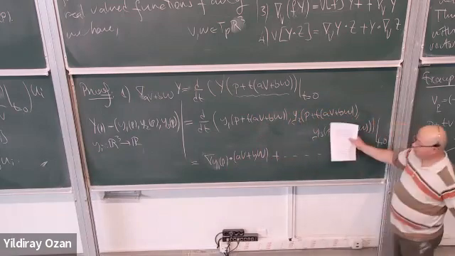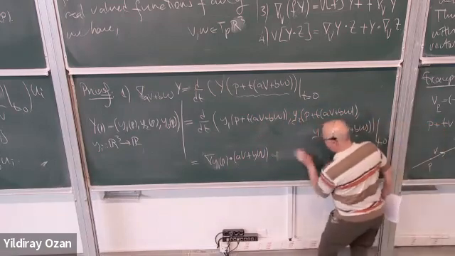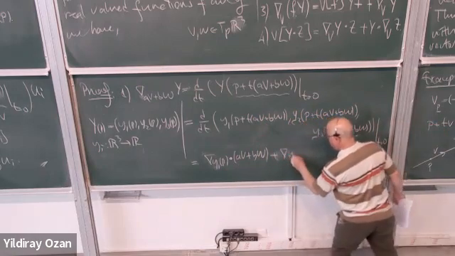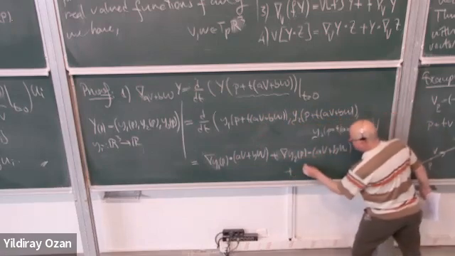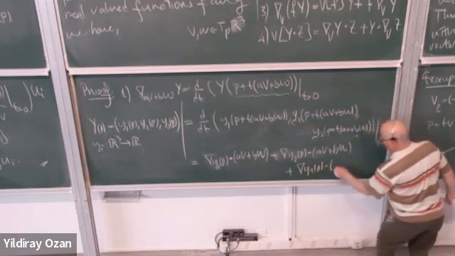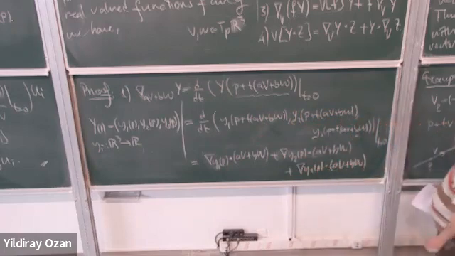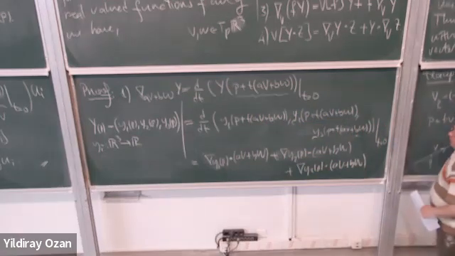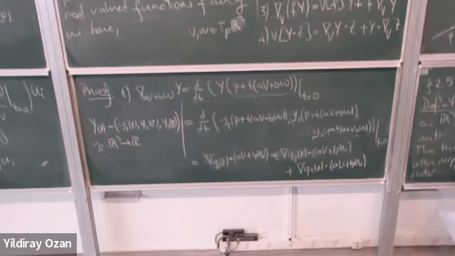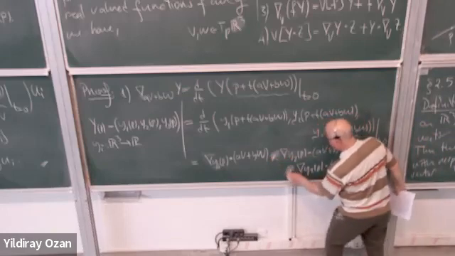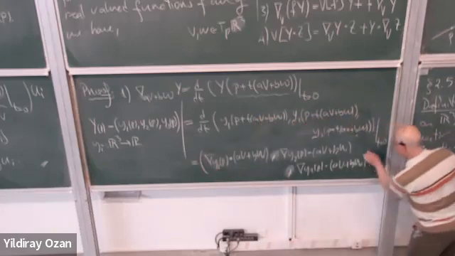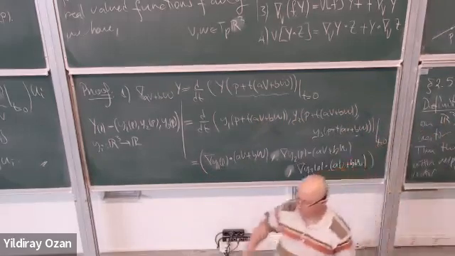Plus the same thing for the other terms. Let me write it: gradient of y2 at P dot product AV plus BW, and so on. I shouldn't have plus, I should have commas, right? Yes. Here I have commas.